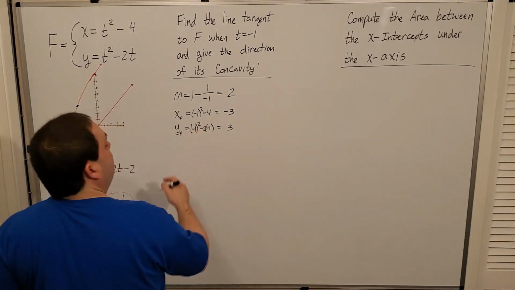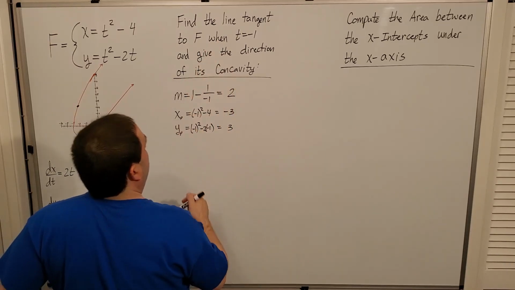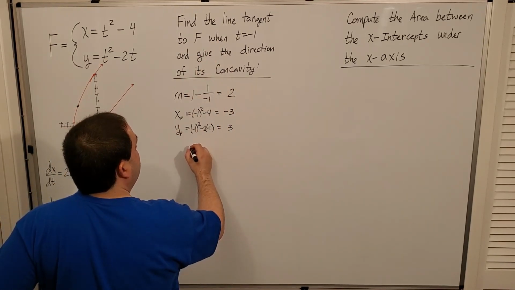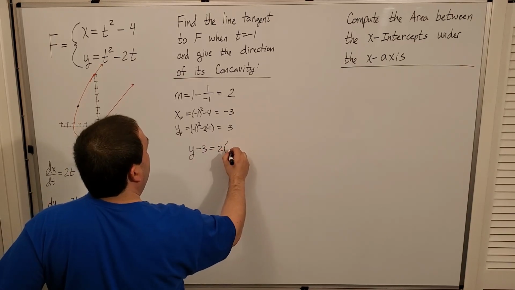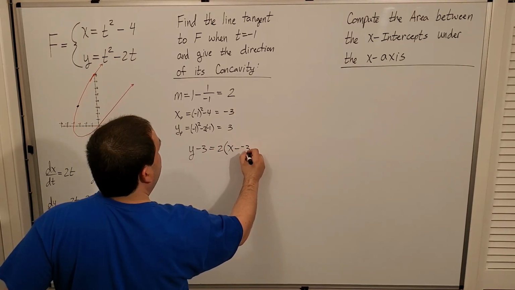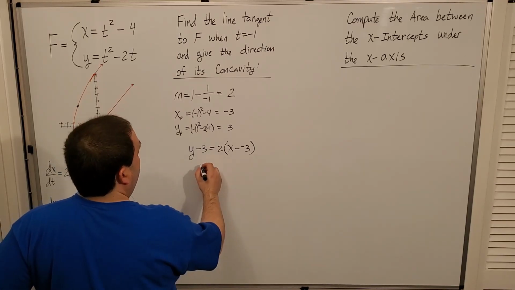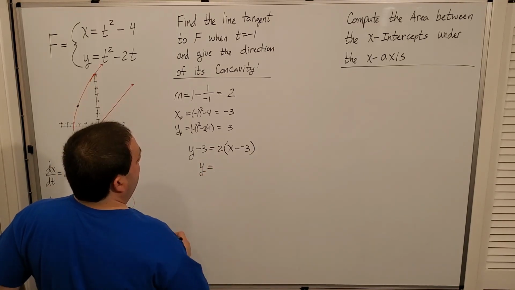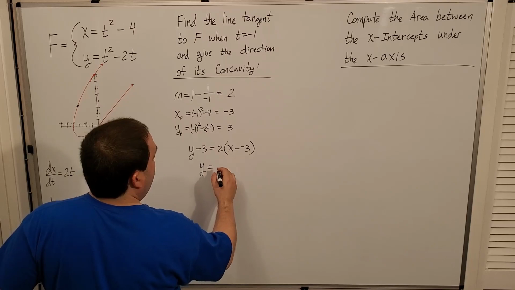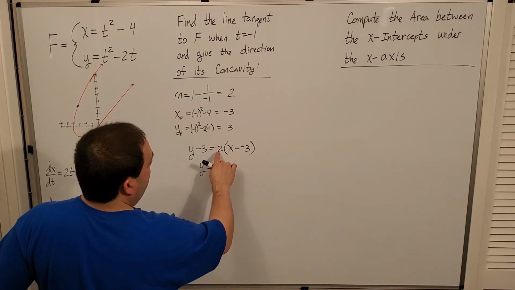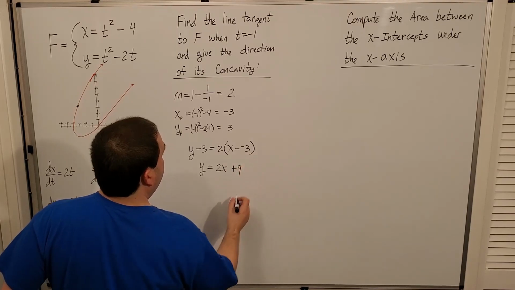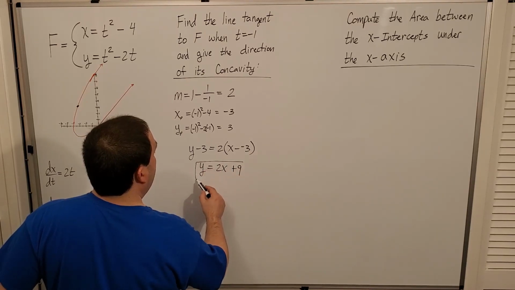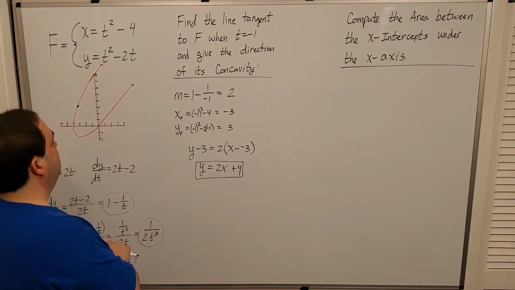So then let's create the tangent line now. I'm going to use point slope, so that's y minus 3 is equal to 2 times x minus -3, which is going to finally give me y is equal to 2x. And then this is going to be 6 plus 3, so plus 9. So this is the equation of the line that is tangent.